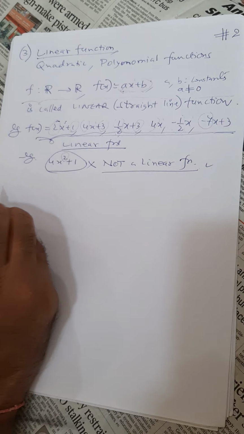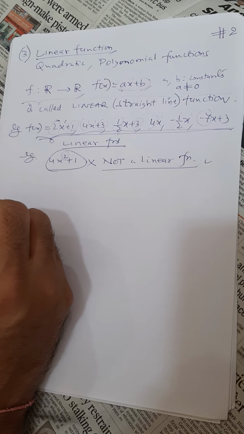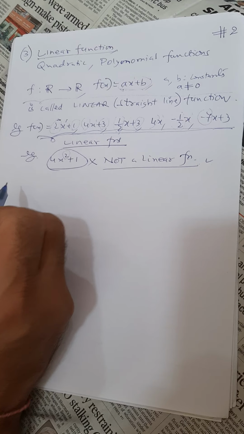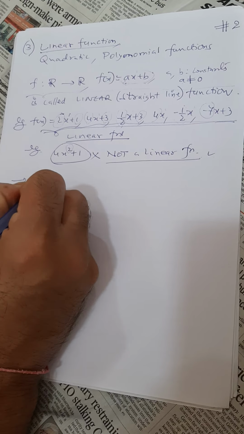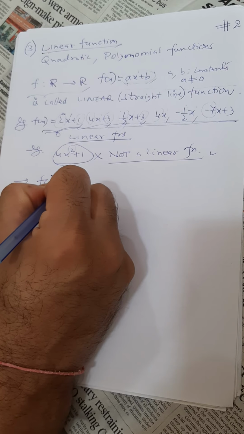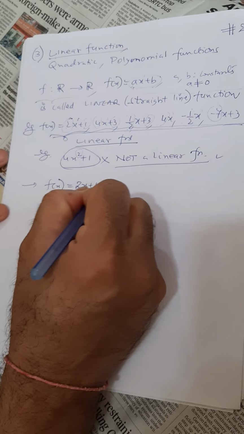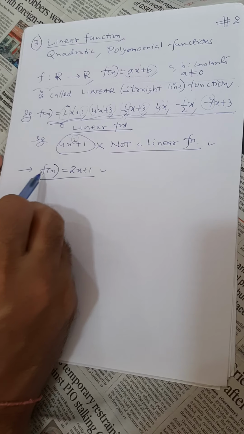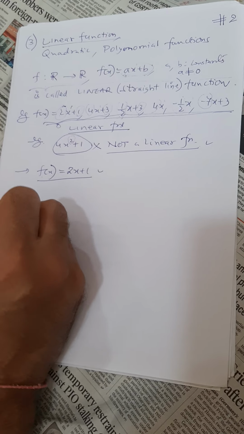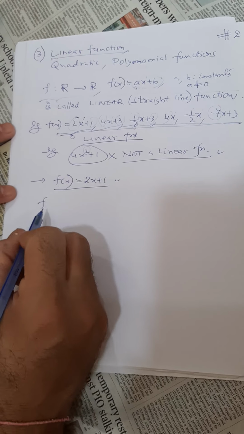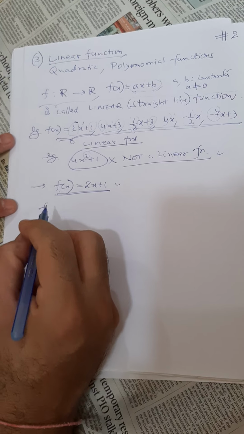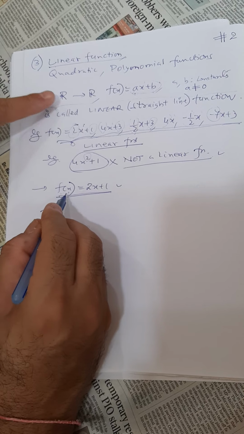Now here, you take any function out of this. Suppose I take f(x) equals 2x plus 1. Now if I take different values of variable x, let me take different members from the domain, which is R here.